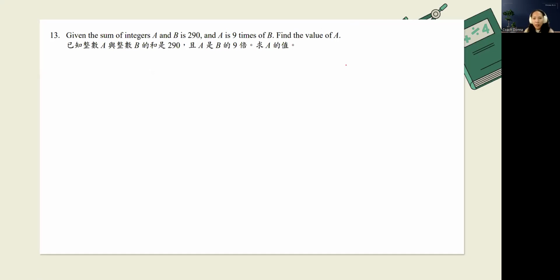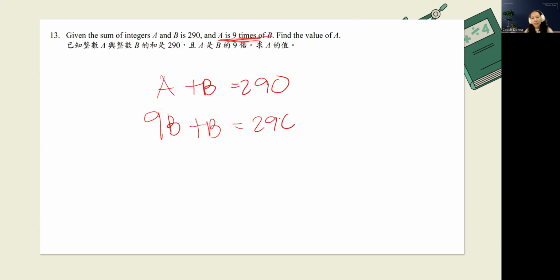Let's have a plus b is 290, right? And then you know a is 9 times of b. So you can just write 9b right here instead of a, because of this statement right here. Plus b is equal to 290.